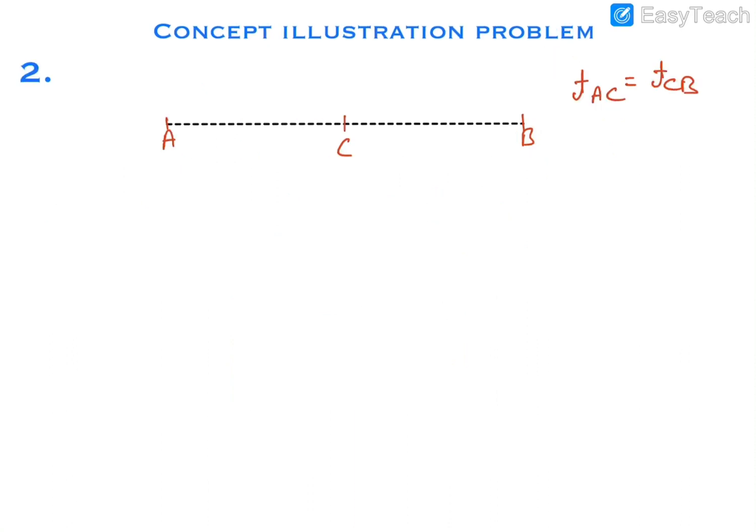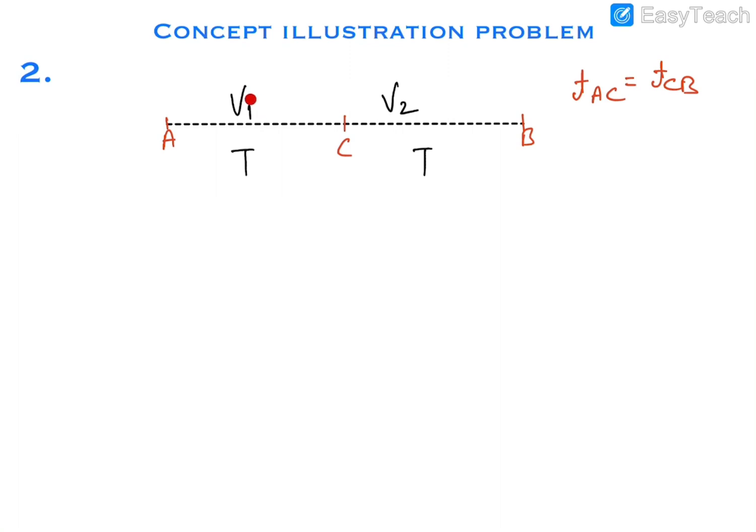Now in the second problem, it is given that the object is taking some time in reaching from A to B, and C is not the midpoint of AB, in fact C is the midpoint of the time taken by the body to reach from A to B, which means that the time taken from A to C is the same as the time taken from C to B. So let us suppose that this time is t and this time is t. It has traveled with a velocity of v1 for the first half time, and with velocity v2 for the remaining half time.